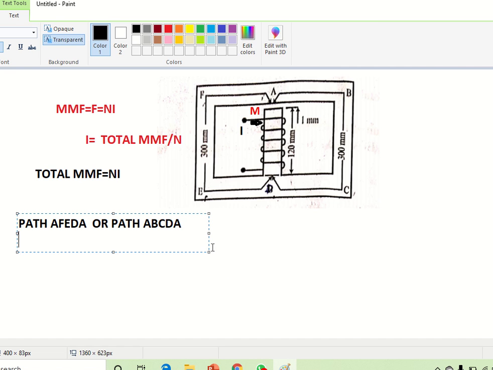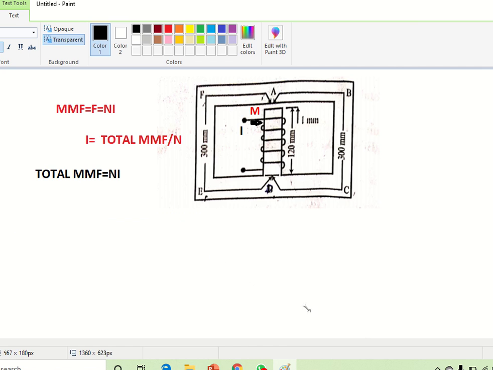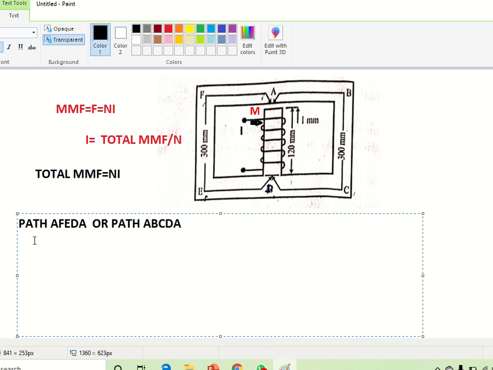So what is the MMF for this path? Any of the paths you can take. I am taking the first path A, F, E, D, A. What is the MMF? NI equal to MMF of AD.